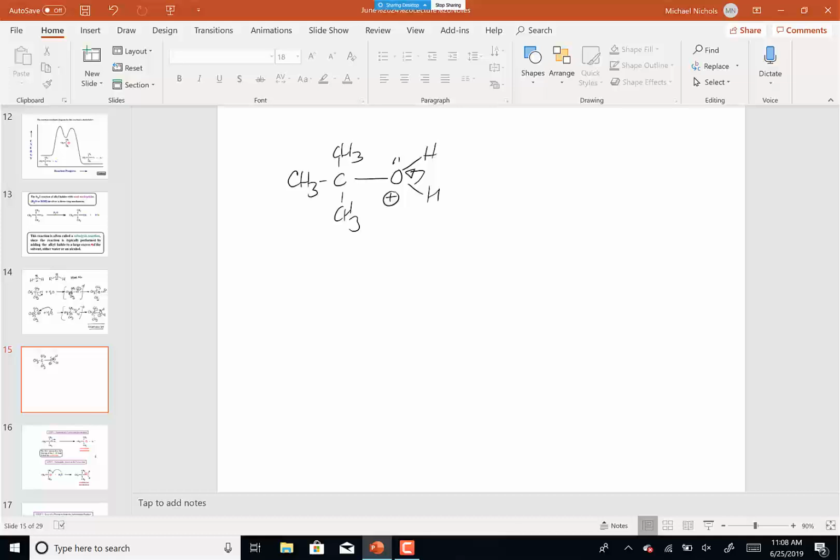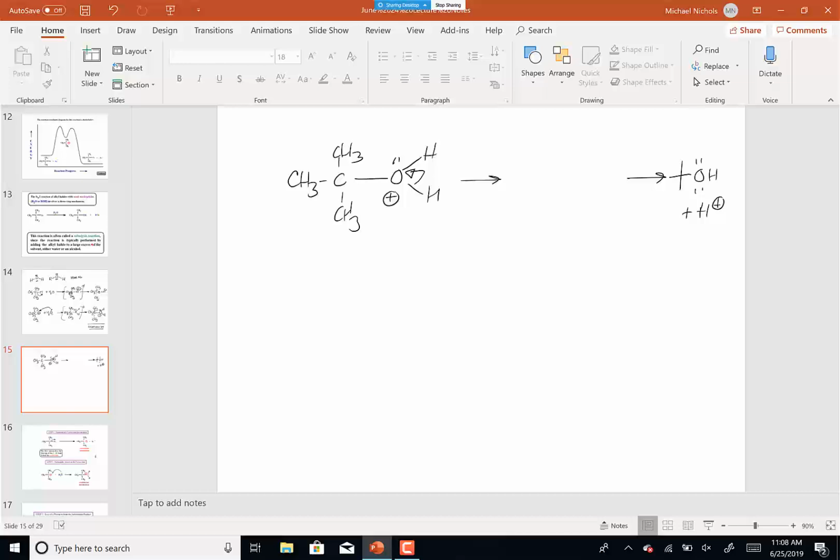Now we can actually write this over here as just an H+ ion. Most books like to take that H+ ion and bond it to water, because it's going to form an H3O+, which is really what it is anyway, right? H+ in water is H3O+.